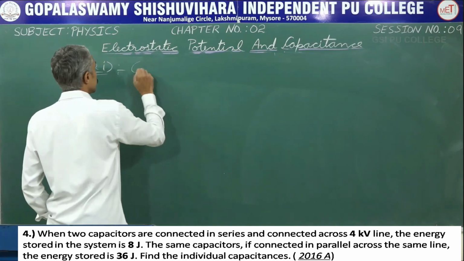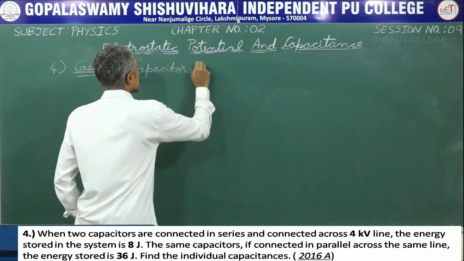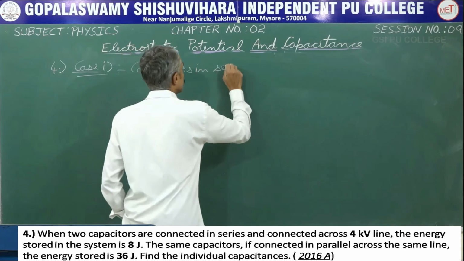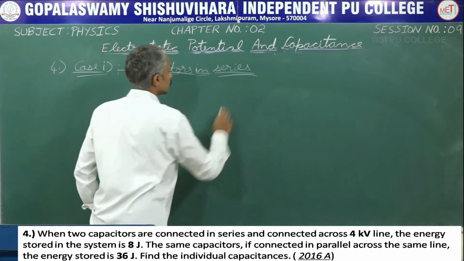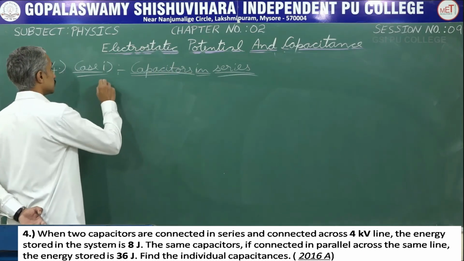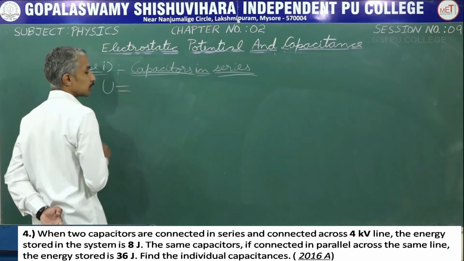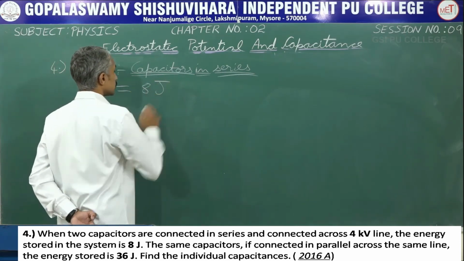Case 1, capacitors in series. So let C1 and C2 be the capacitors. Then they have given us the energy stored in the series combination is 8 joule.